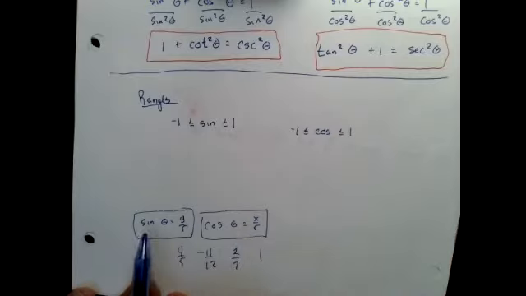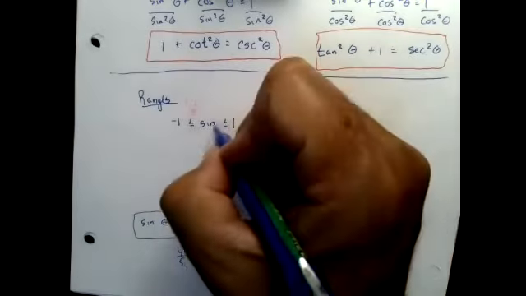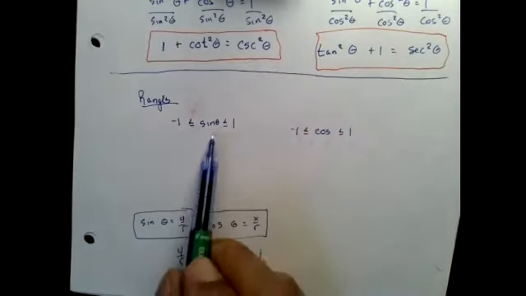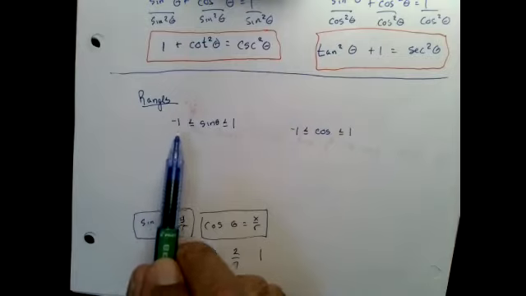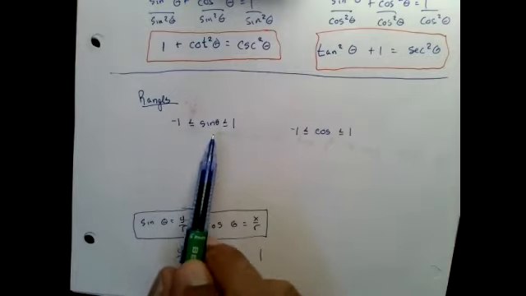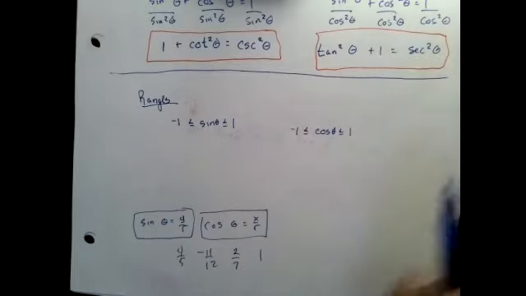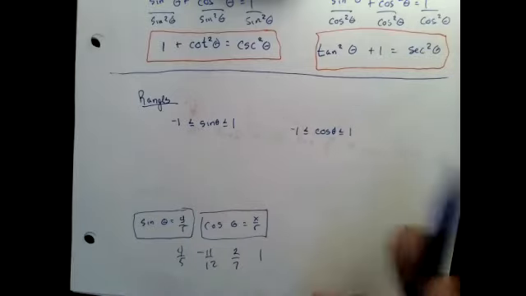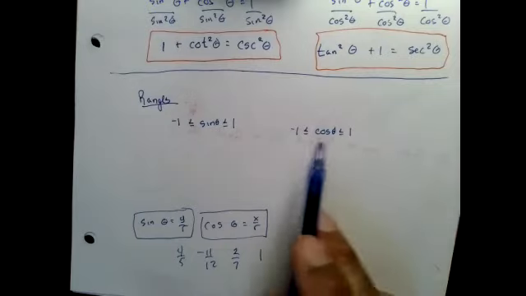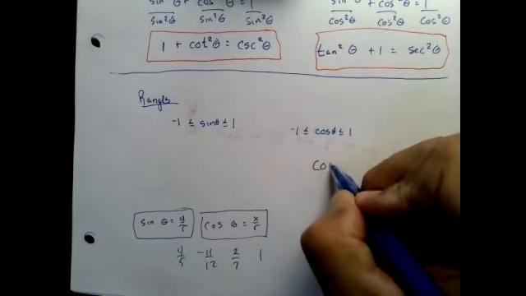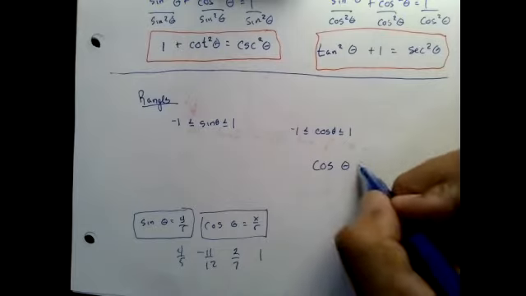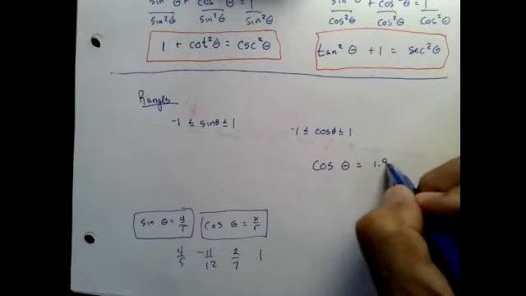So whenever I'm dealing with the sine of theta and the cosine of theta, one of the things I learn is that the sine of theta's value is going to be between -1 and 1. And it doesn't make much sense right now, but we'll get back to this several times. The cosine of theta can never be 1.9.